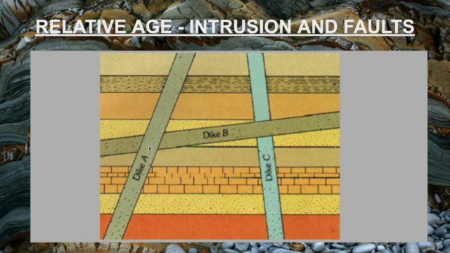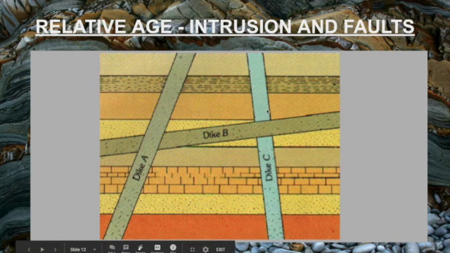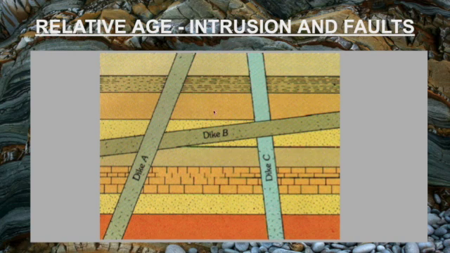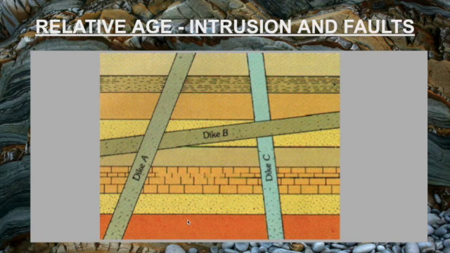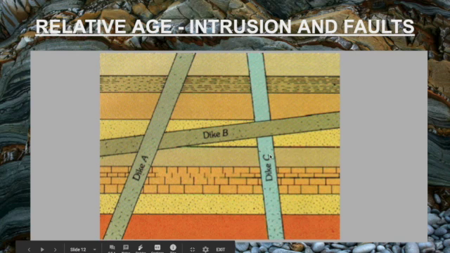But all three of these are younger because they're going over top of all the layers of these horizontal layers of the rock. And according to the law of superposition, if I'm looking at just the layers, this one on top would be the youngest, this one would be the oldest. But even with this youngest one, you still would have these intrusions younger.